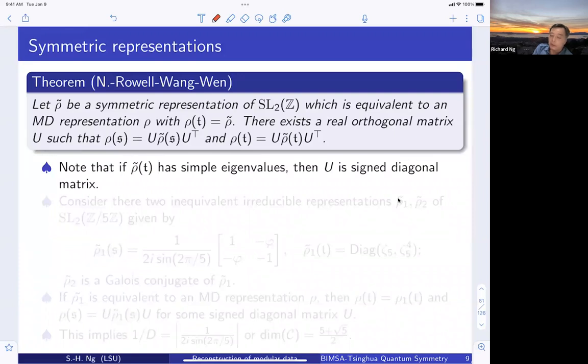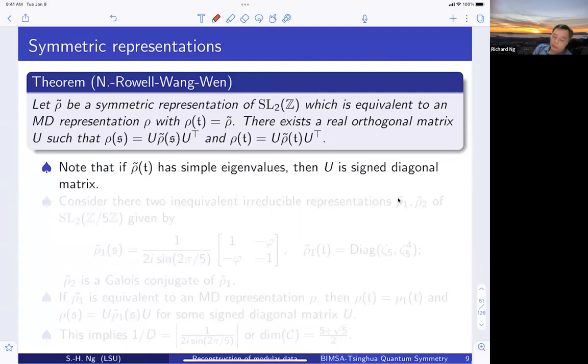So there's an extreme case. That's the one that I want to demonstrate as the first example, because this example will bring you to a more complicated situation. Suppose rho T has simple eigenvalues. That means all the eigenvalues of rho tilde T have multiplicity 1. Then if I insist rho T is the same matrix as rho tilde T, I can do it because this is a diagonal matrix.